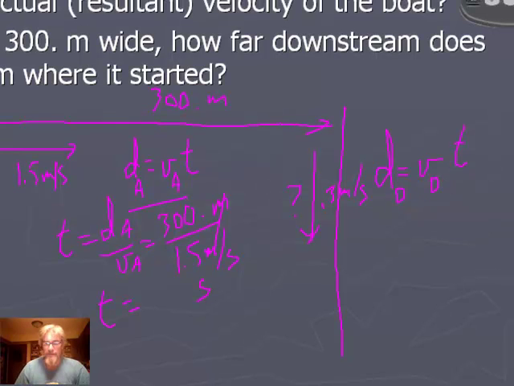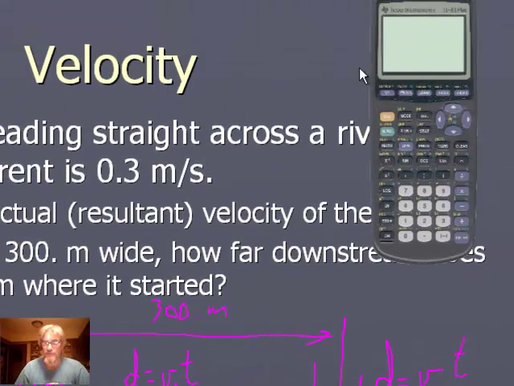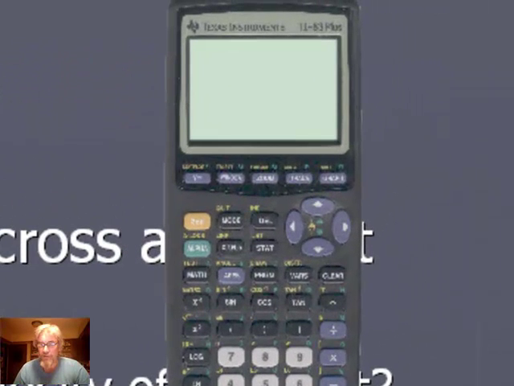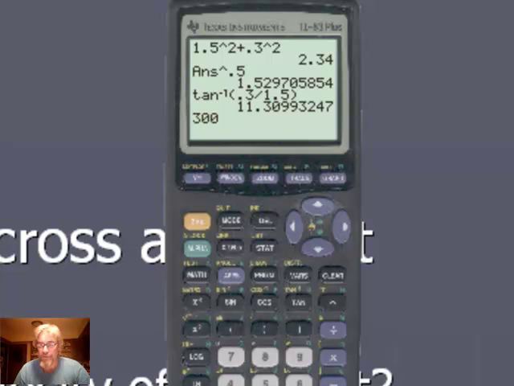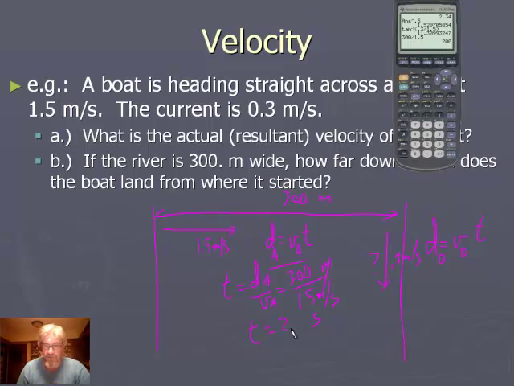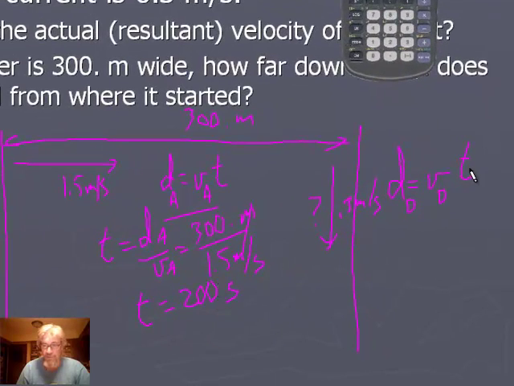And let's find out what the number is. Drag the calculator into the screen. 300 divided by 1.5 tells me that I'm going to be traveling across the river for 200 seconds, which also means I'm going to be drifting down the river for 200 seconds. So the distance down is going to be 0.3 meters per second times 200 seconds.